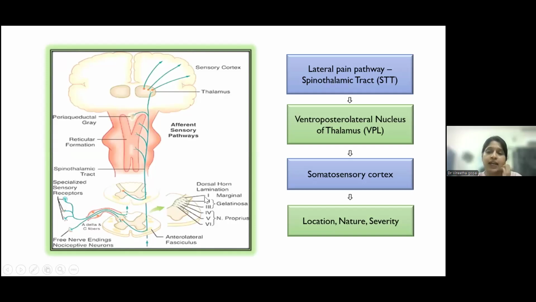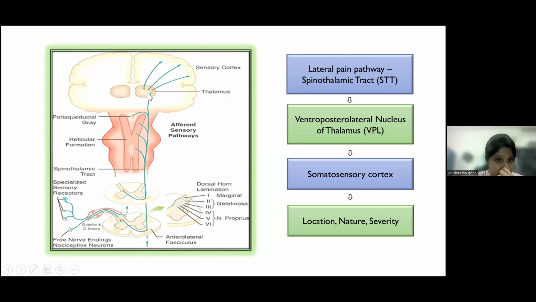Now, if you look at the pain pathway, this is the lateral pain pathway. If you go to your first MBBS days, the spinothalamic tract, STT, or the lateral pain pathway. Here, as I told, the peripheral nociceptors are activated. It synapses in the DRG, the dorsal root ganglion, this bulbous thing, and then comes to the spinal cord dorsal horn. From there, you can see it crosses to the opposite side and ascends in the anterolateral fasciculus of the spinal cord and reaches the thalamus.